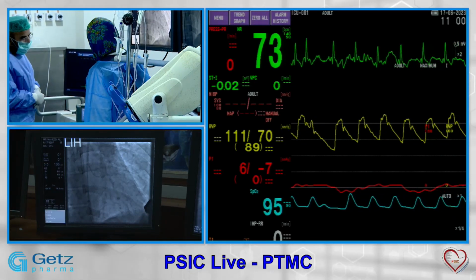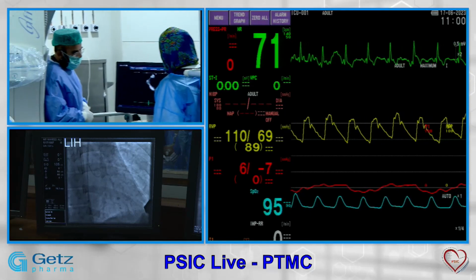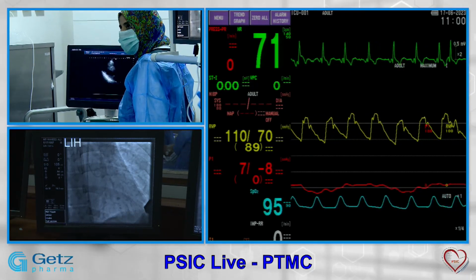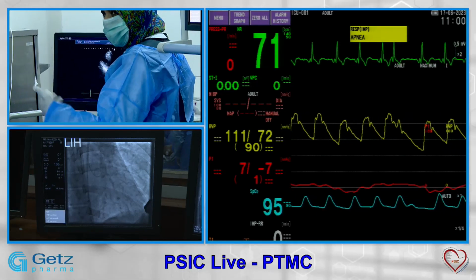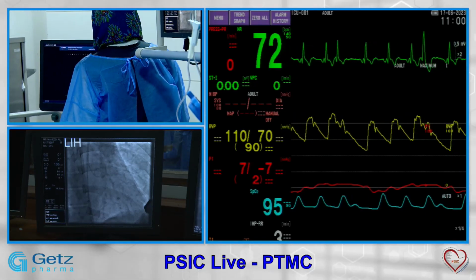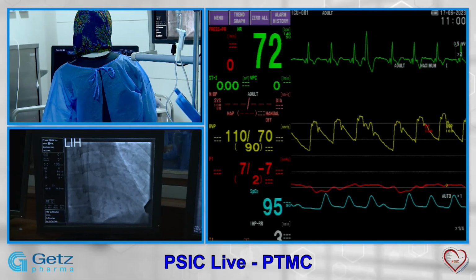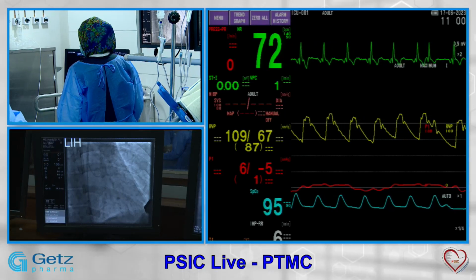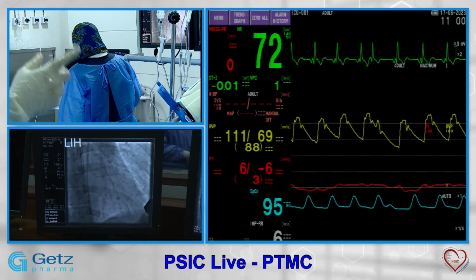Once we are done with these echo images, we will have a few slides about the complications of this procedure. Okay. So they say that they are sending our images, and meanwhile we'll be looking at some of the slides of complications. Can you please start the slideshow?